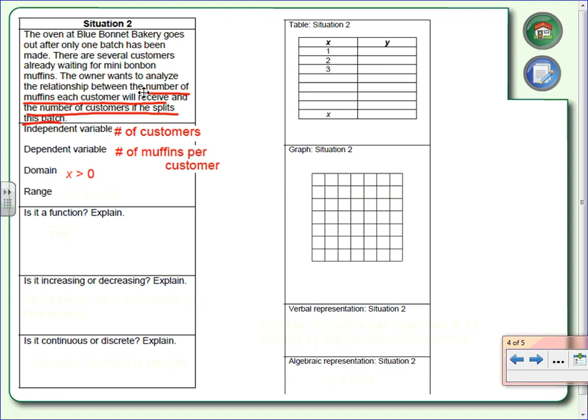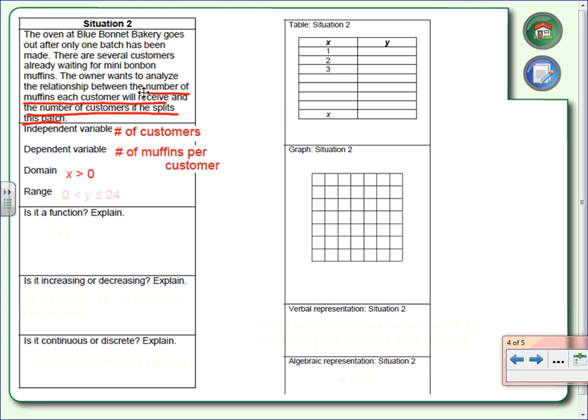But the next one, the range, now we are talking about muffins. Okay? So what do you think for the range? Talking muffins now. Less than. Less than what? 24. All right, very good. Now, you got to add a little bit more to that, because if I just say less than 24, which is true, then I'd also be talking about negative numbers. And can we have negative 5 muffins? No. So we're only talking about positive numbers, correct? Yes. All right, so here's how we're going to write this.